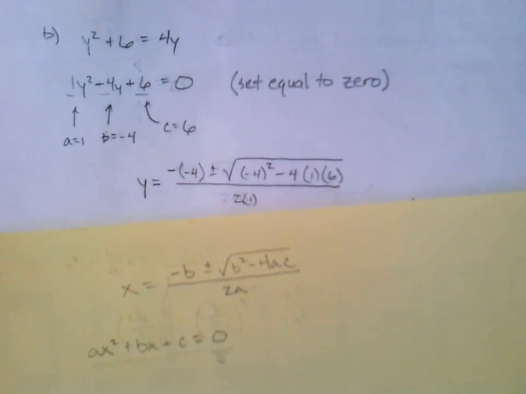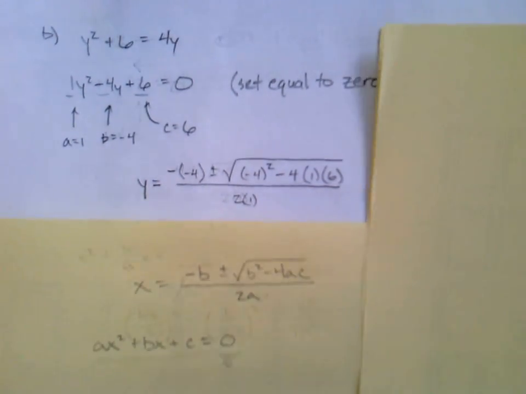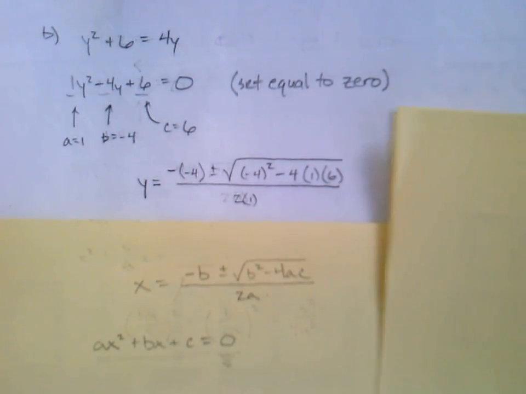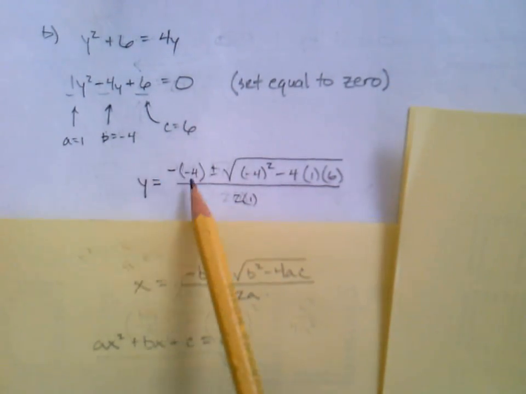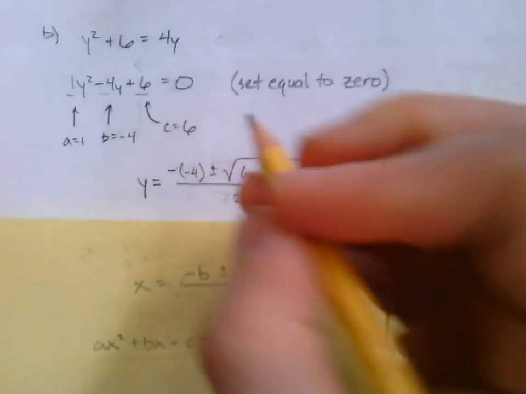And I'll try not to give away too much of the problem at once. There it is. So fitting our formula. Negative b. Okay, so if b is negative 4, then I should take negative negative 4. And that's easy to mess up.